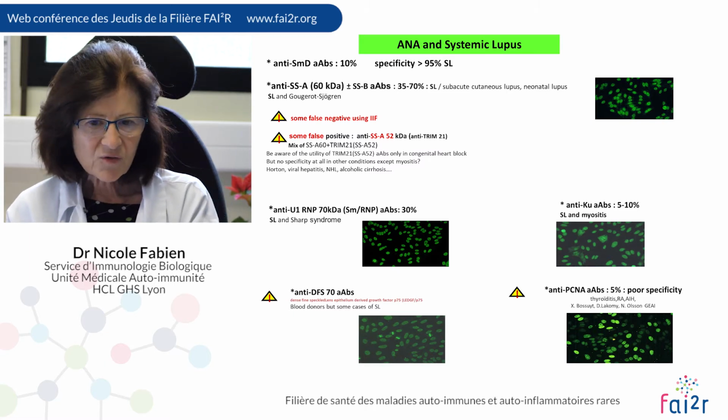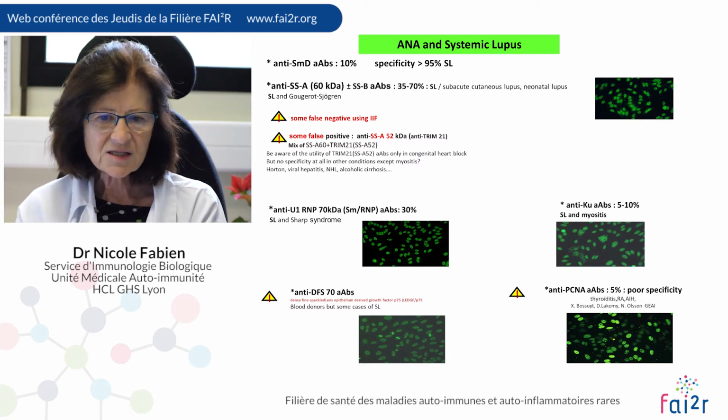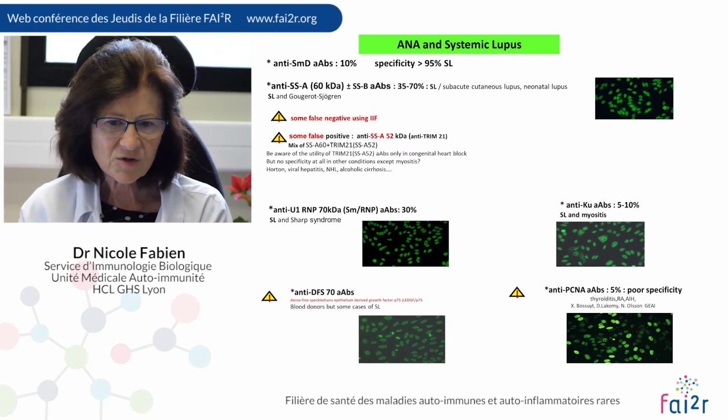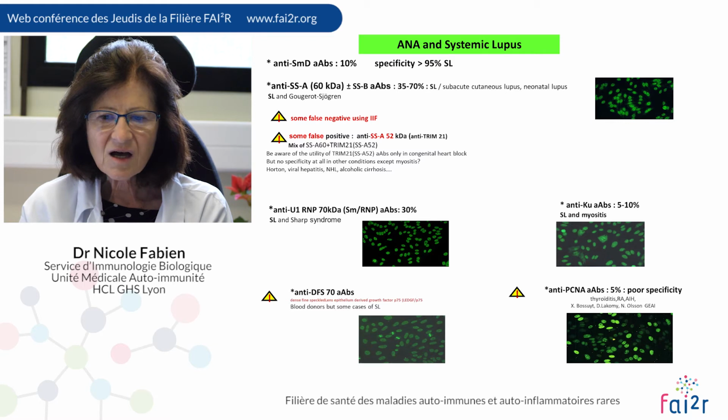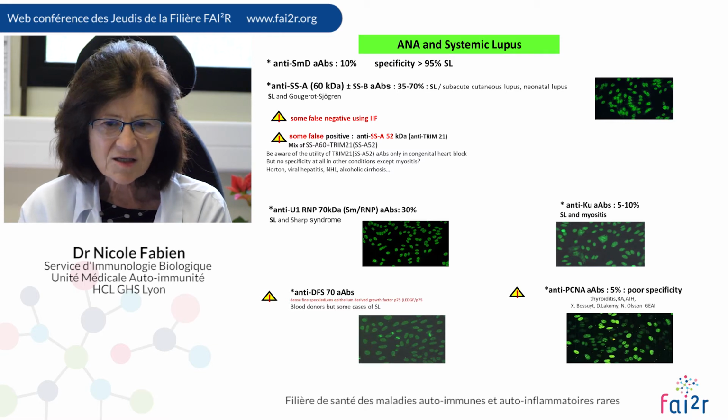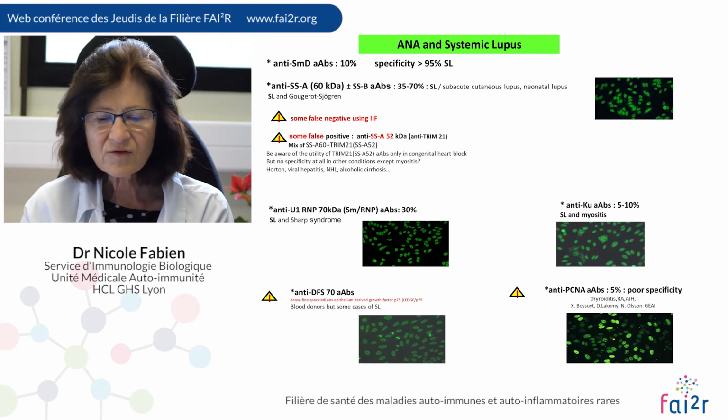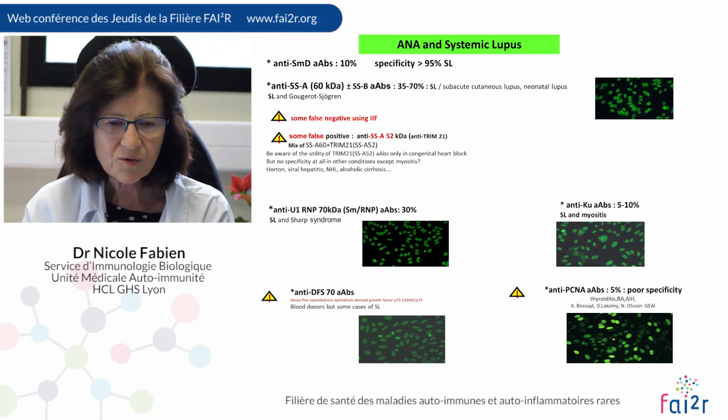Two pitfalls in this diagnosis: first, anti-PCNA antibody. We thought that they are very important with a good specificity, but we made a multi-center study which demonstrated that anti-PCNA antibodies could be detected in other diseases than lupus. So you should not interpret them as a specific marker for systemic lupus.